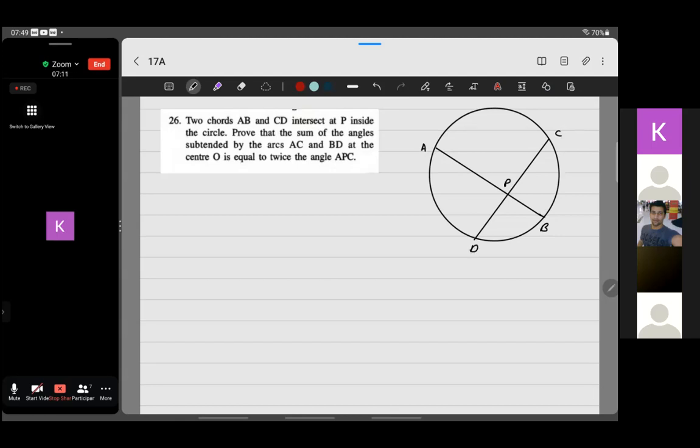They are intersecting at P. Prove that the sum of the angles subtended by the arc AC and BD at the center are equal to twice the angle APC.